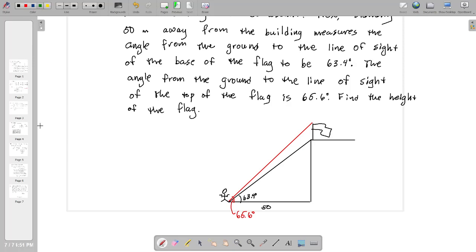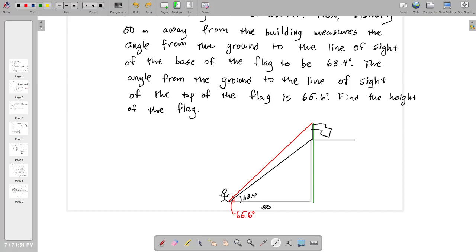Now, it might not be immediately obvious. The mistake that you might make is you might be looking at this triangle right here and saying, how do I figure this out? You don't want to do that. You want to look at these a little bit more broadly.